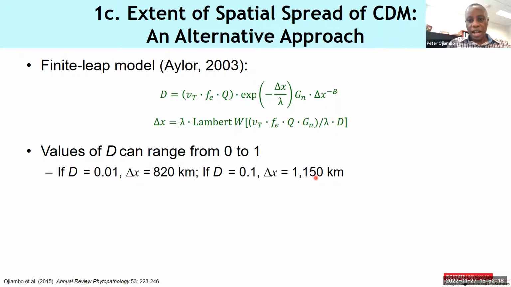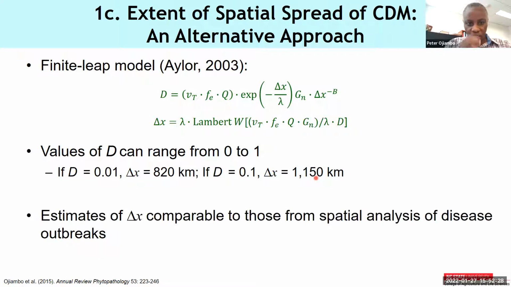These values are very comparable to the 1,000-kilometer range that we got from the point pattern analysis. Because of that, it gave us a lot of confidence to say that the farthest the inoculum can move and cause disease from a particular source was about 1,000 kilometers. So that was very humbling and comforting as well.